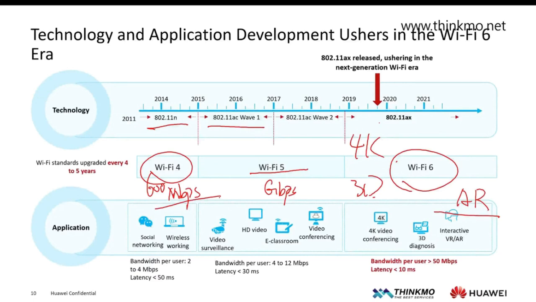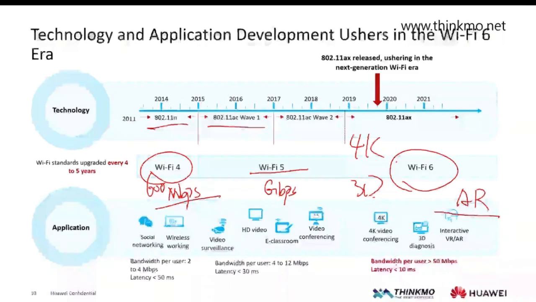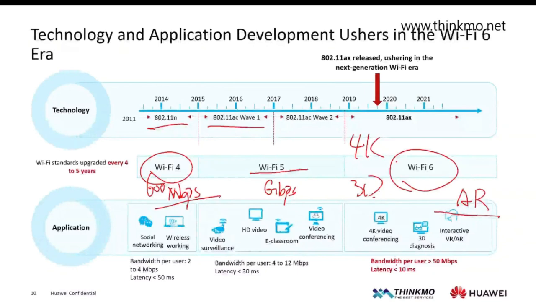Then we entered the Wi-Fi 6 era. In mobile office 3.0, we can use refined online services for VR, higher quality work like AR and 4K video. These technological advancements have made wireless office work a core component of our daily tasks and lives.